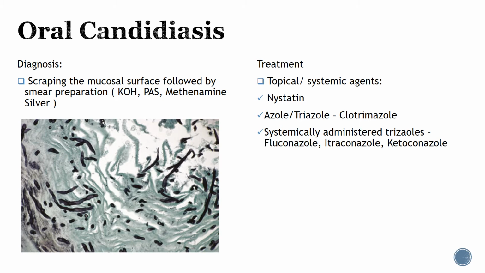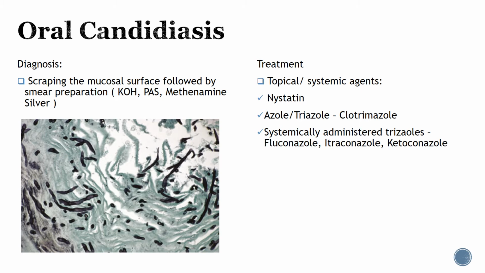Treatment. There is a wide spectrum of topical and systemic agents available for treatment for several clinical cases. This includes the topical polyene compound nystatin, and the azole-triazole group of both topical and systemic agents forms a larger treatment alternative.